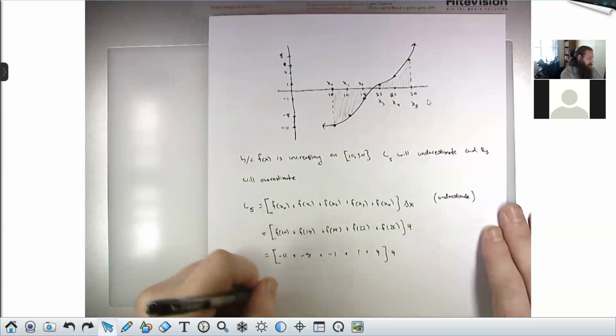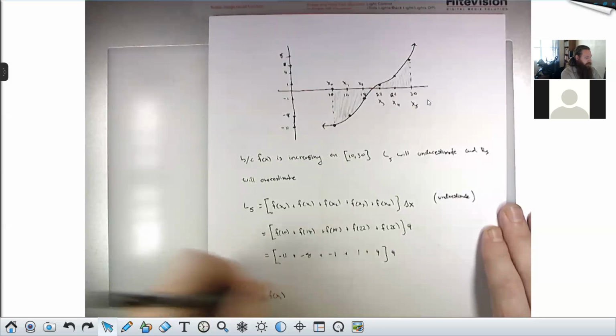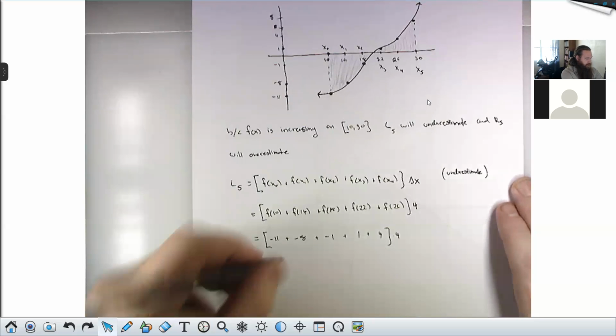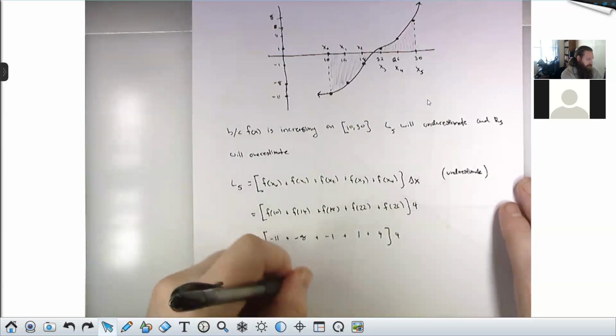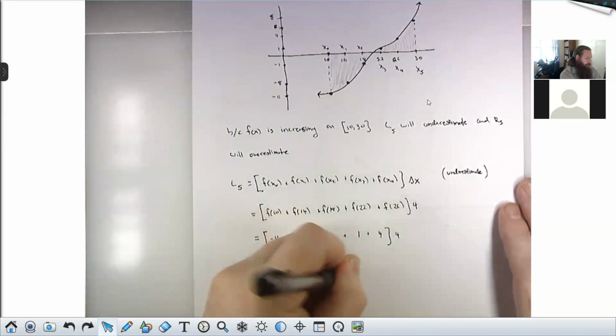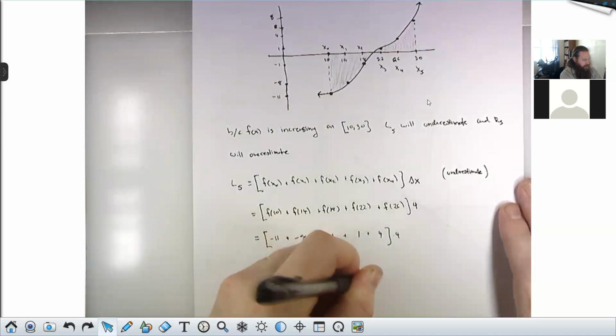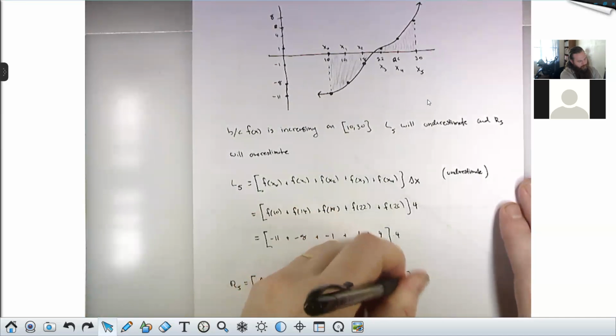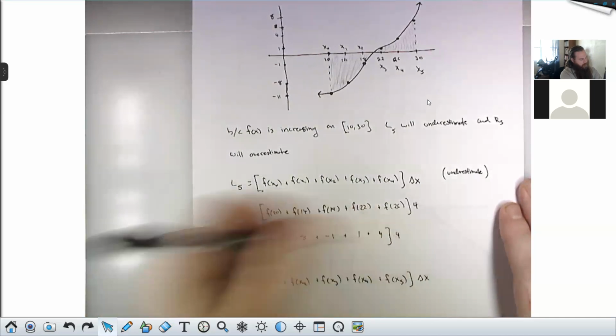R5 would be like f of, this time starting at x1, and we'll go all the way out to f of x5: f of x1 plus f of x2 plus f of x3 plus f of x4, and then f of x5, all times delta x.